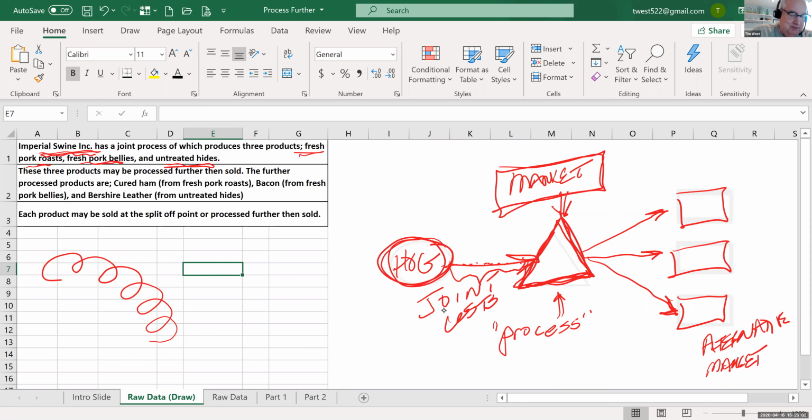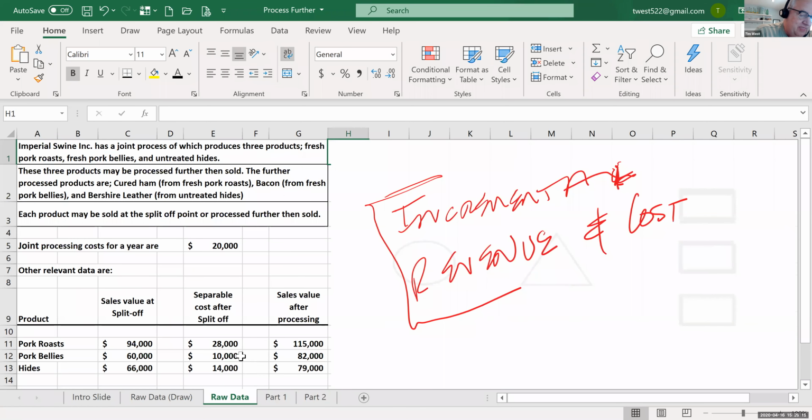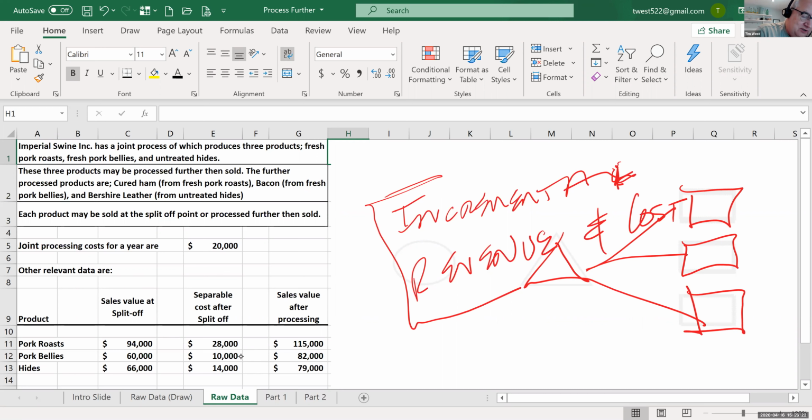And you're telling me that you're making a decision about whether to sell it here or process it further to sell it there, and that difference between this and this from the previous page can generate incremental revenue and incremental cost.